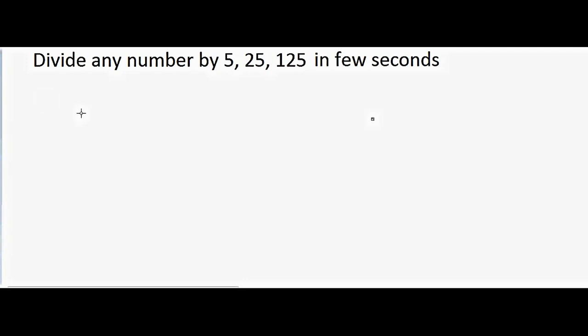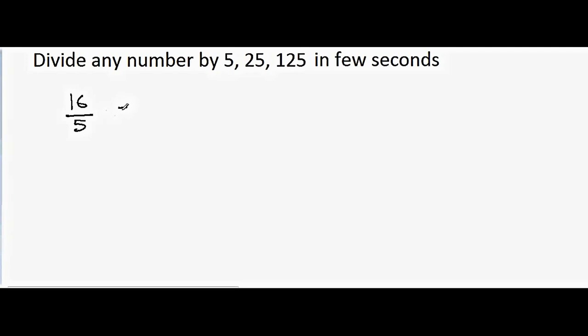So how the trick works: for example, suppose I have the number 16 and I want to divide it by 5. Usually if you try to divide this, you have to use some math, and it can take you some time, and some people even like to use a calculator for it.